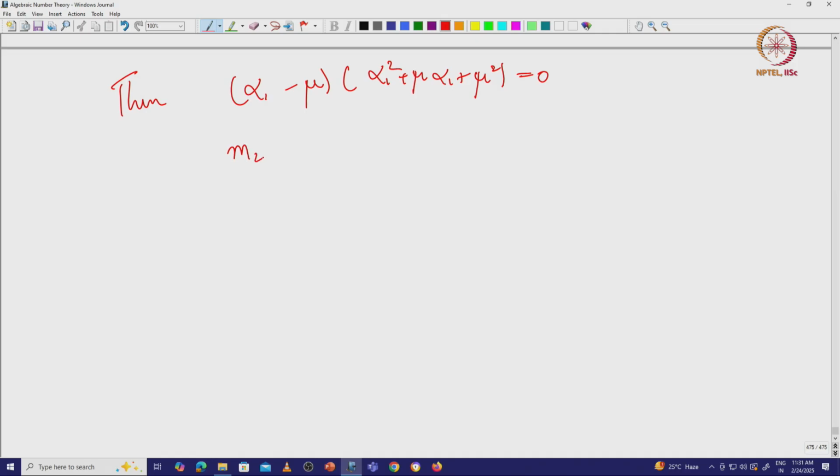So this is m2 times alpha 1 plus mu alpha 1 plus mu squared. This is 0 in K sub p3 double prime. That generates p3 double prime, and this is related to p3 prime. So we have this.